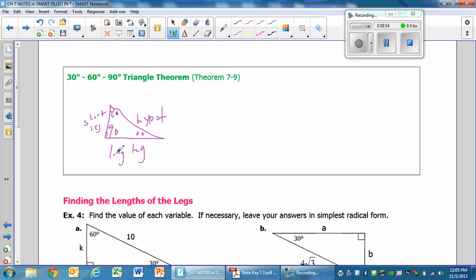So for this, we're going to say our sides are proportional to the ratio 1, radical 3, 2, with 2 being the hypotenuse.